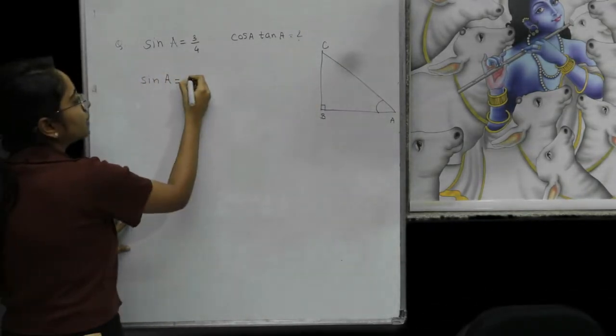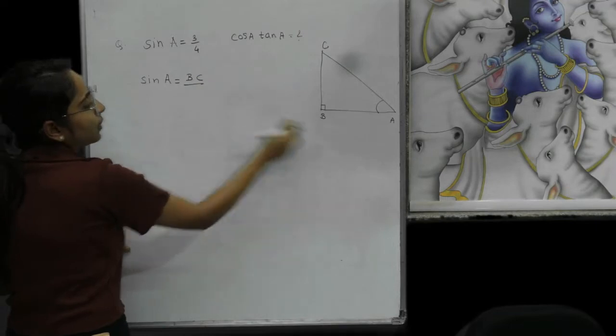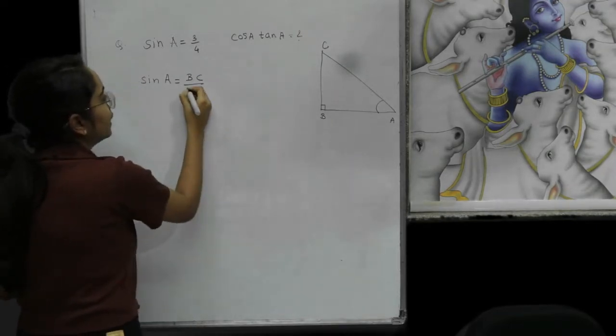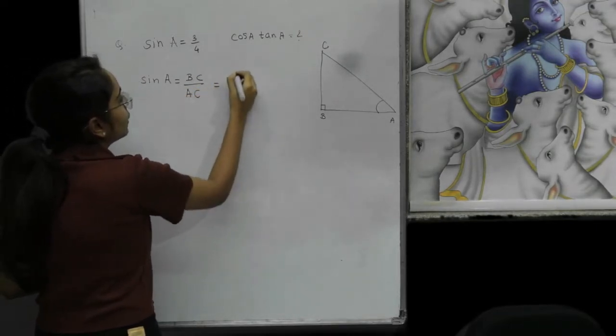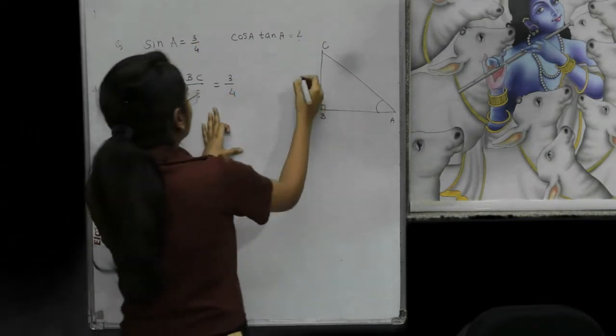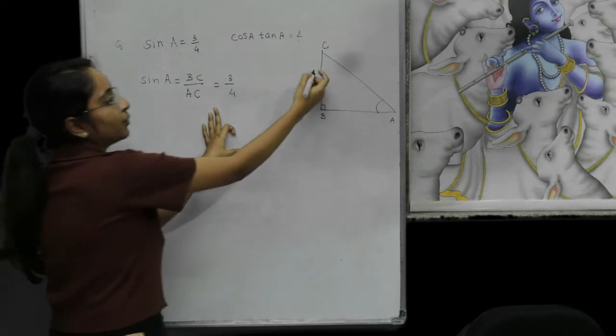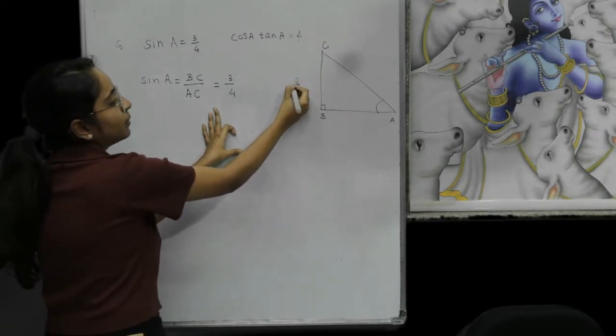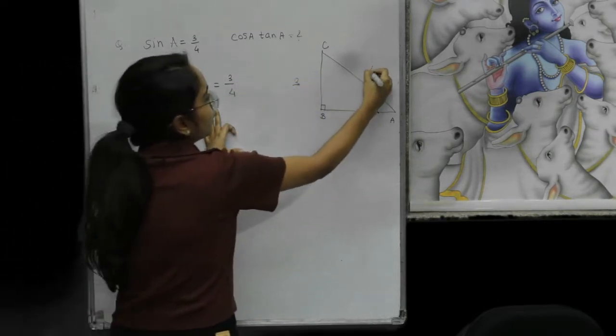So to angle A, the side opposite is BC and hypotenuse is AC. So now, which is given 3/4. So we can put the value of side BC as 3 and AC as 4.